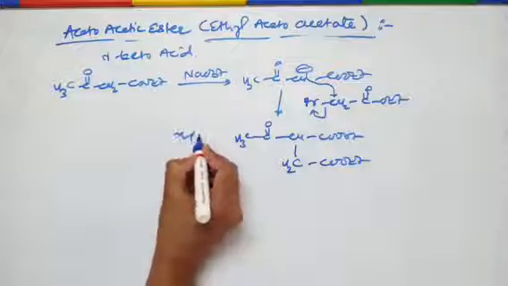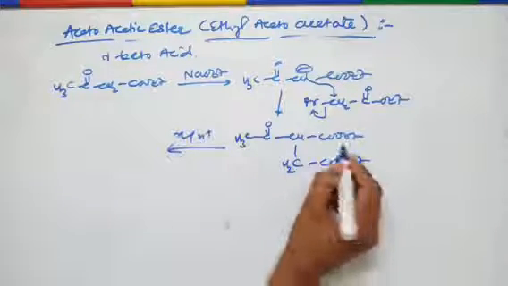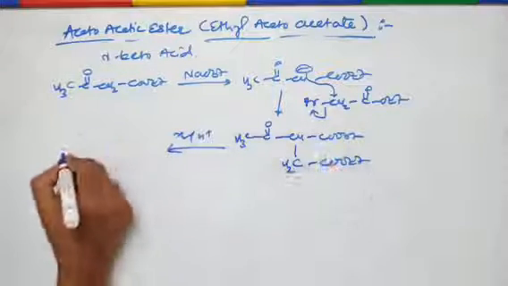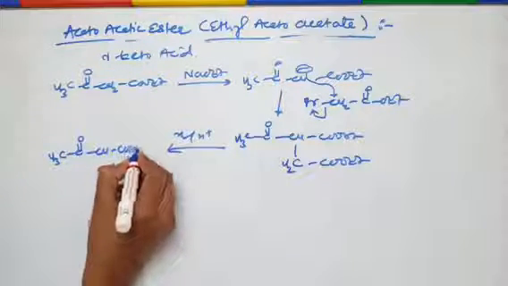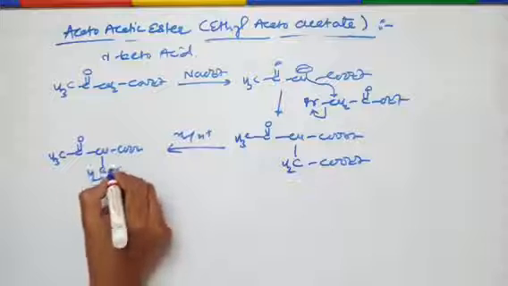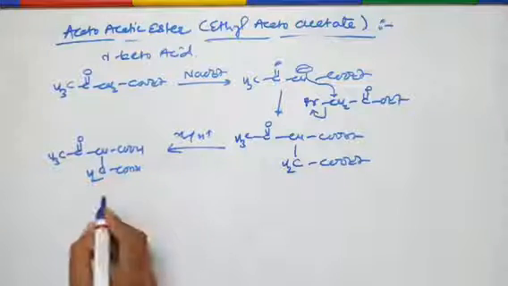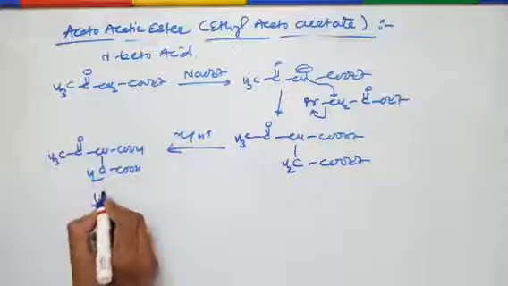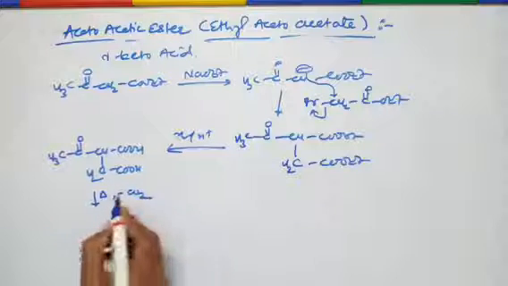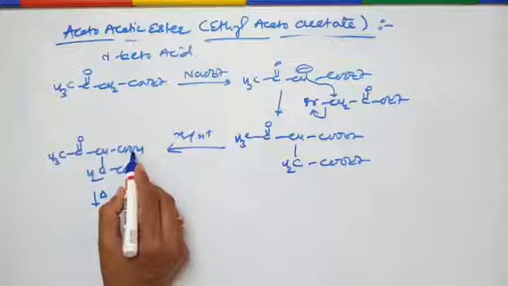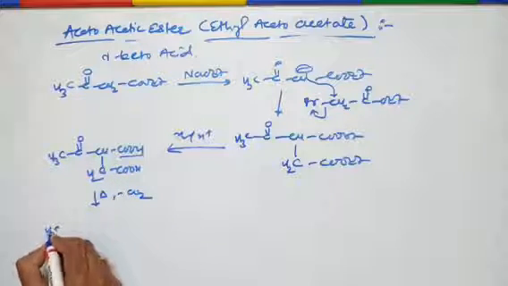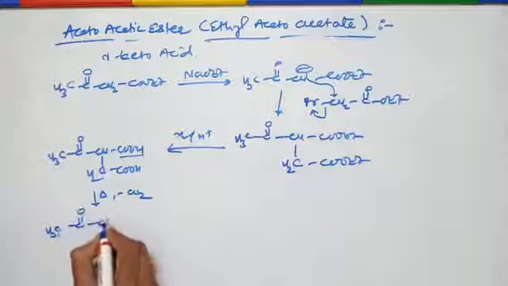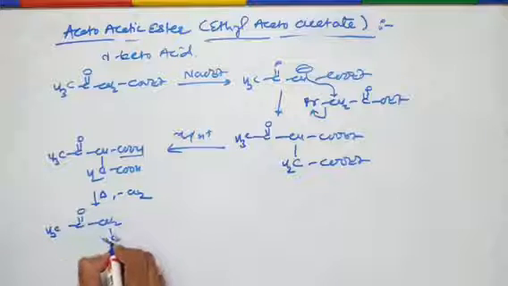Next is hydrolysis. After hydrolysis, the 2 ester functional groups are hydrolyzed to COOH groups, and then you have to heat it, decarboxylation takes place. One of the COOH groups, this one, undergoes decarboxylation and we get the product.